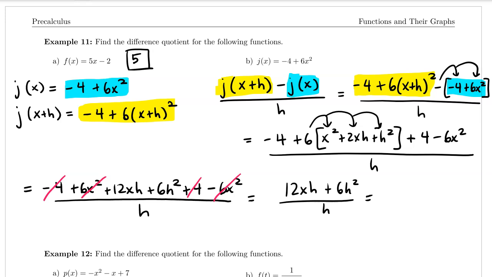And both terms in the numerator have an h, so what I can do is I can factor out an h. And now I have the ability to divide this h with this h, and so my final answer is going to end up being 12x plus 6h.